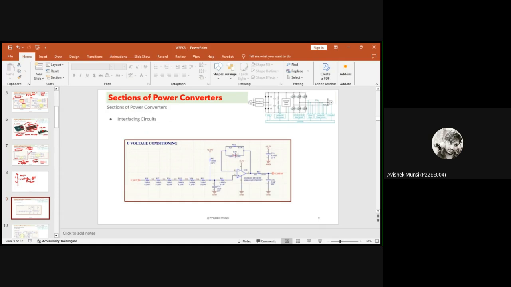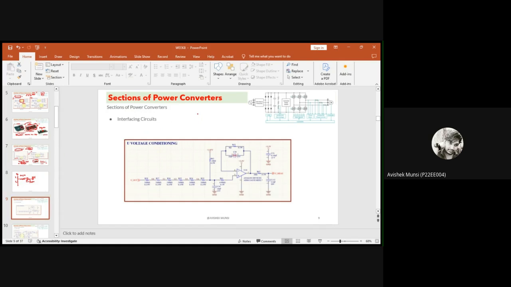Next is the voltage conditioning circuit. Obviously, as I said, after getting the voltage from the sense circuit, you should send it into some kind of op amp for maintaining the gain and refining it, and then send it into the ADC. If you have a high voltage, you should maintain it properly.